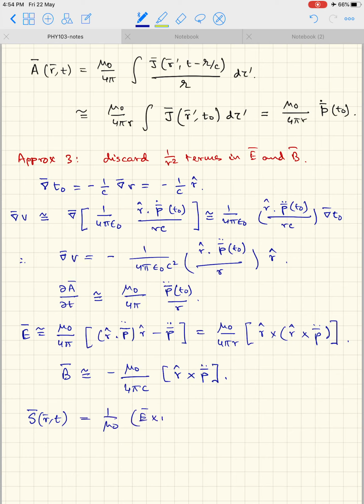What I will do is write down the final expression for P radiated at t naught. So this is equal to mu naught by 6 pi c, p double dot at t naught, the whole squared.